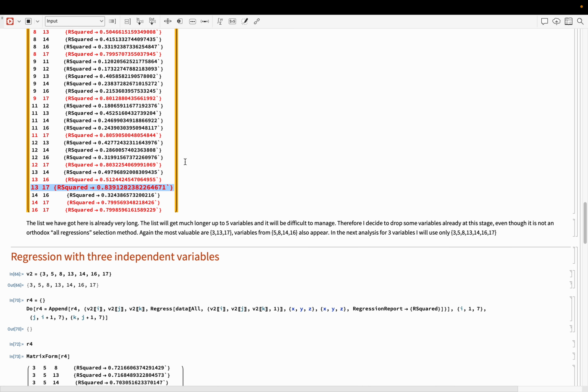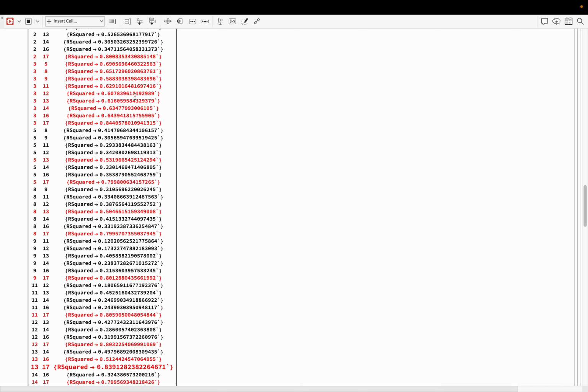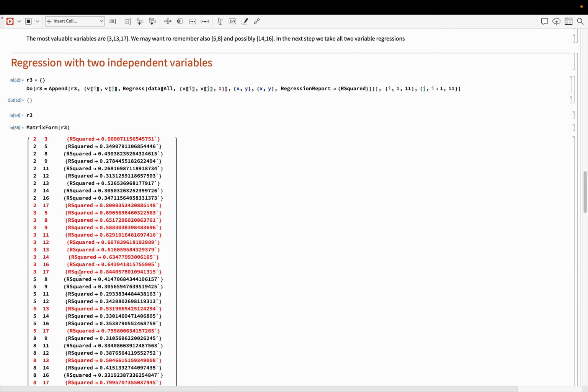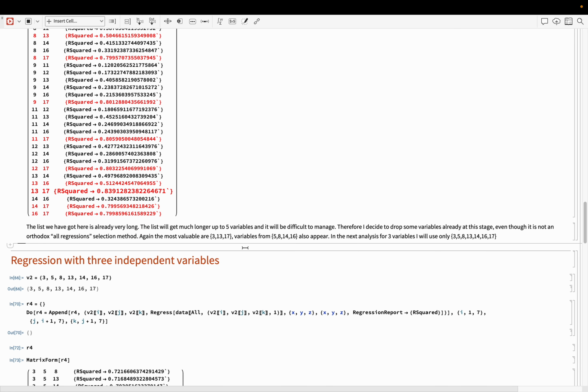Therefore, at this point, I decided to restrict myself to the variables that appear in those red rows, and I see that definitely variables 3, 13, 17 are the most valuable, but also variables 5, 8, 14, 16 appear here.